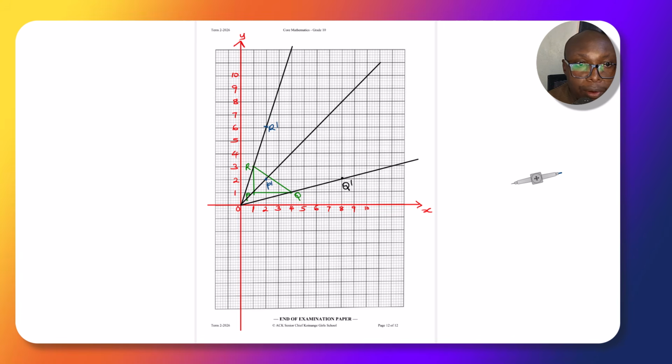Now you join the points. So use the red.